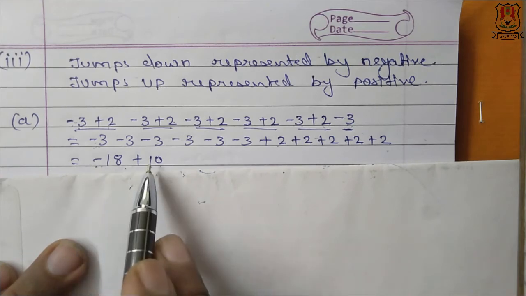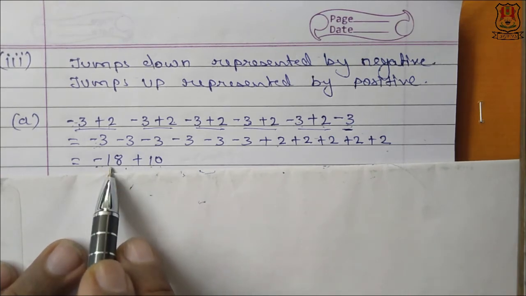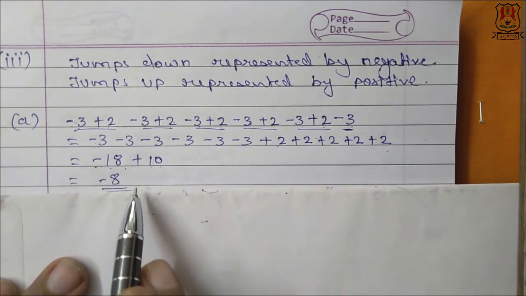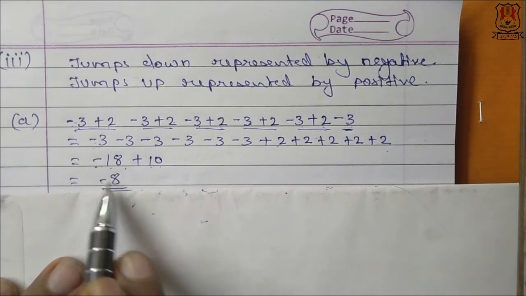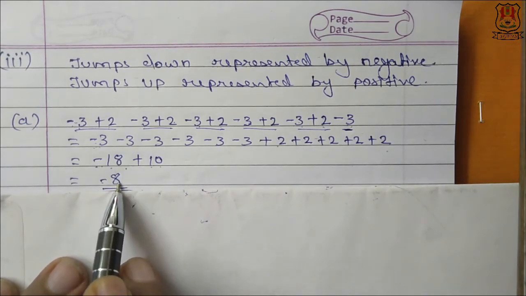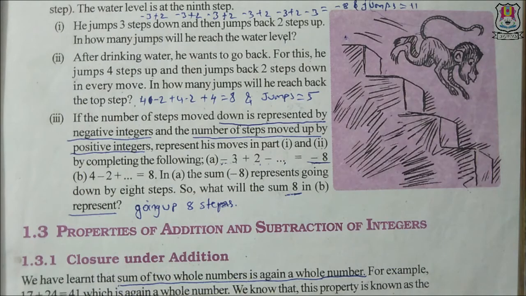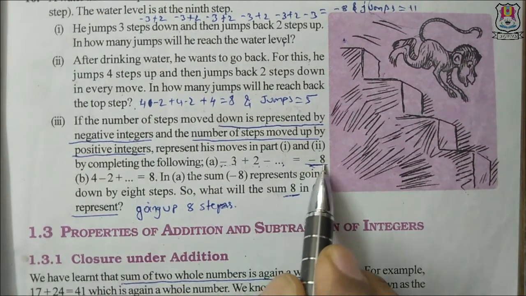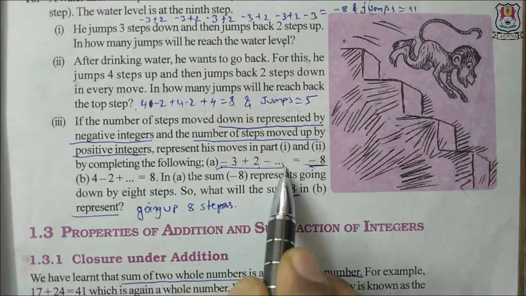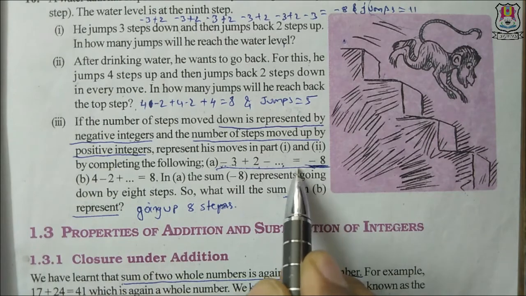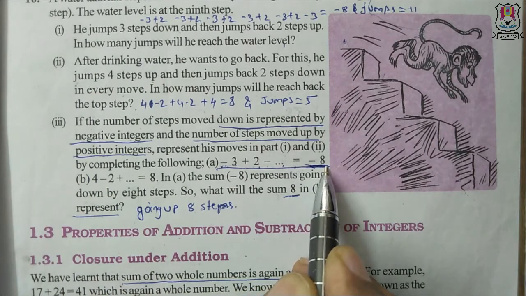So -18 plus 10: the negative value is bigger, so obviously the answer is going to be negative. So -8 is the answer, and as it was given in the question, the answer is -8. This is the answer given to us, equal to -8, and we have solved it.